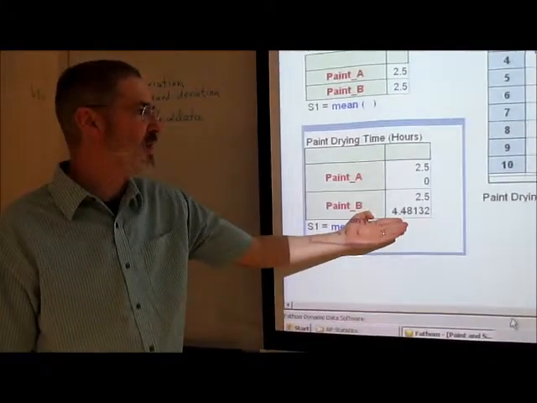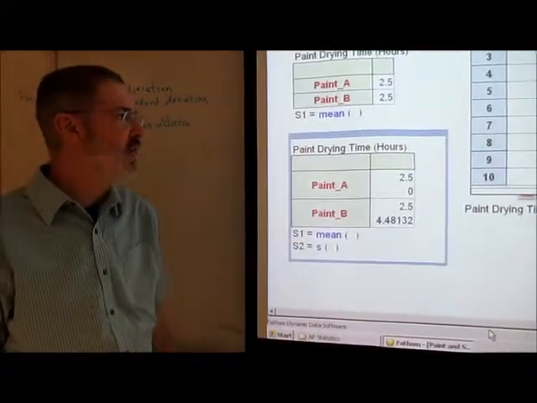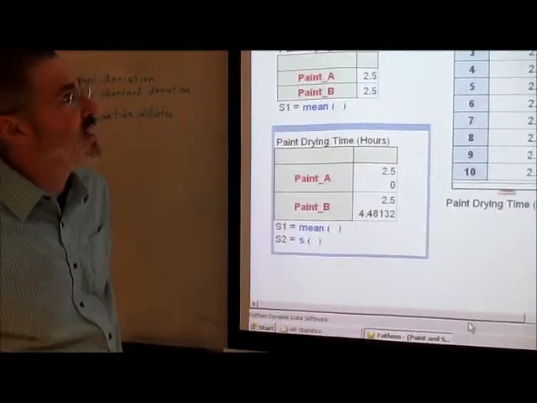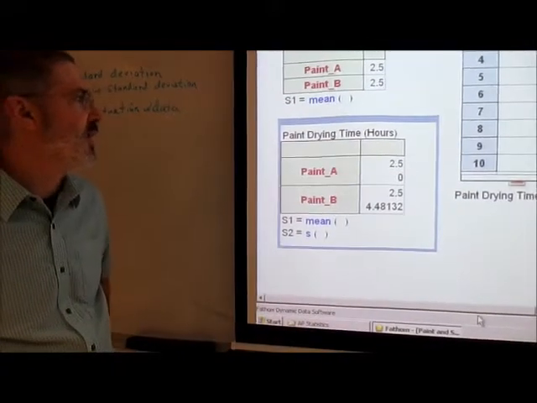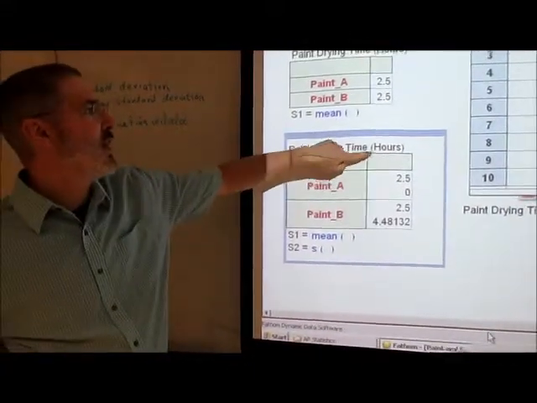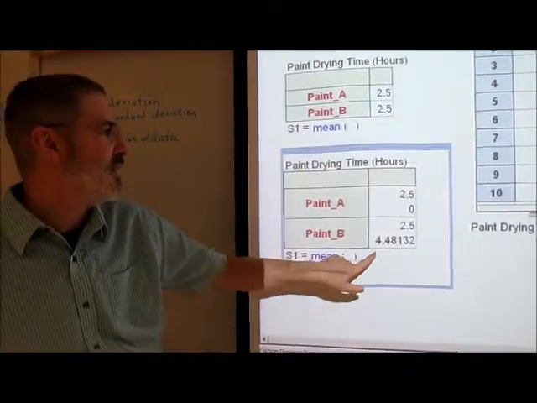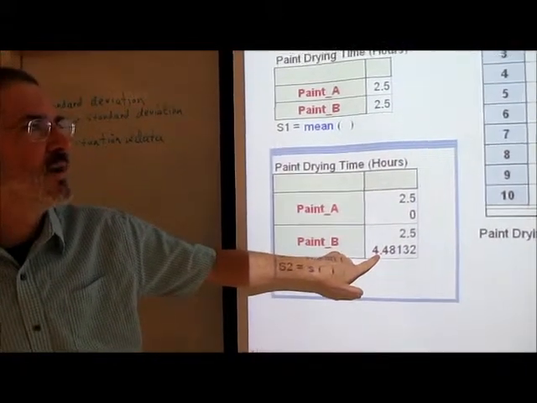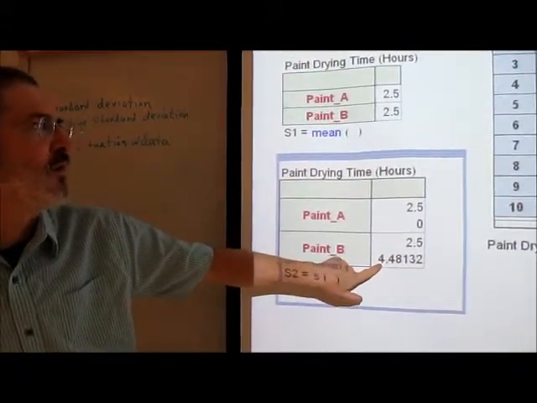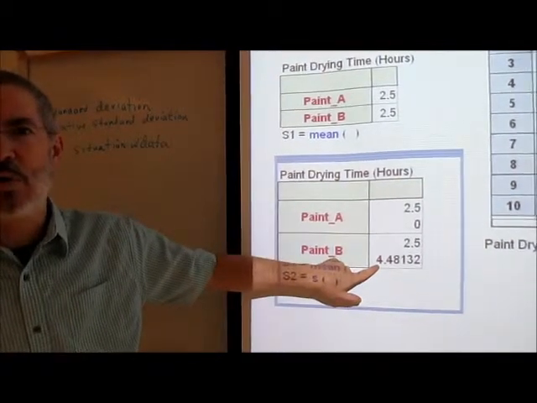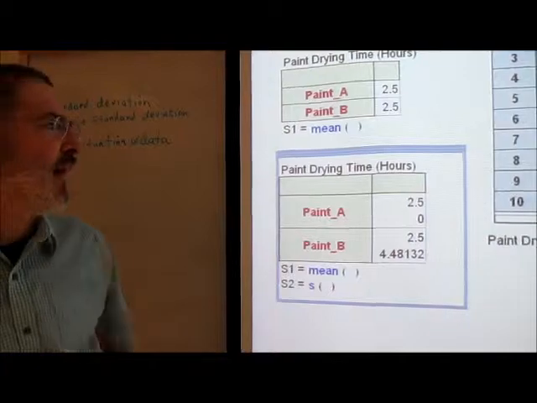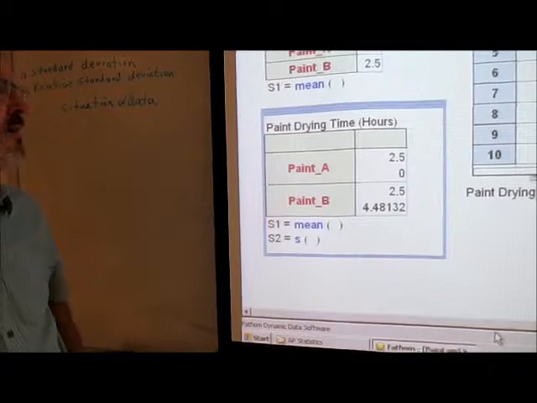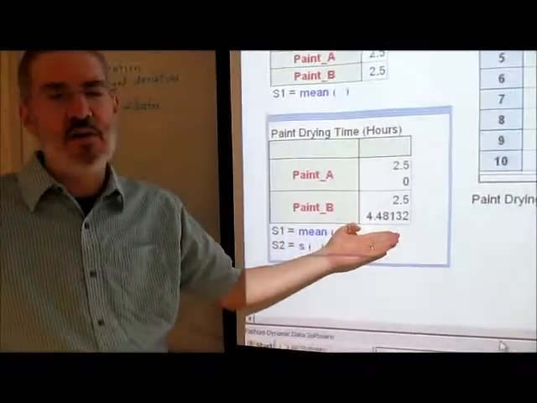And what that tells me is, this measure of standard deviation, that there is some standard deviation, some variation in the data for paint B. Specifically in the units of drying time in hours, the standard deviation 4.48 for paint B tells me that on average, a sample of paint B will vary about 4.48 hours from the mean value of dry time for paint B. So why does standard deviation matter? Because it gives me a measure of the variation in my data.